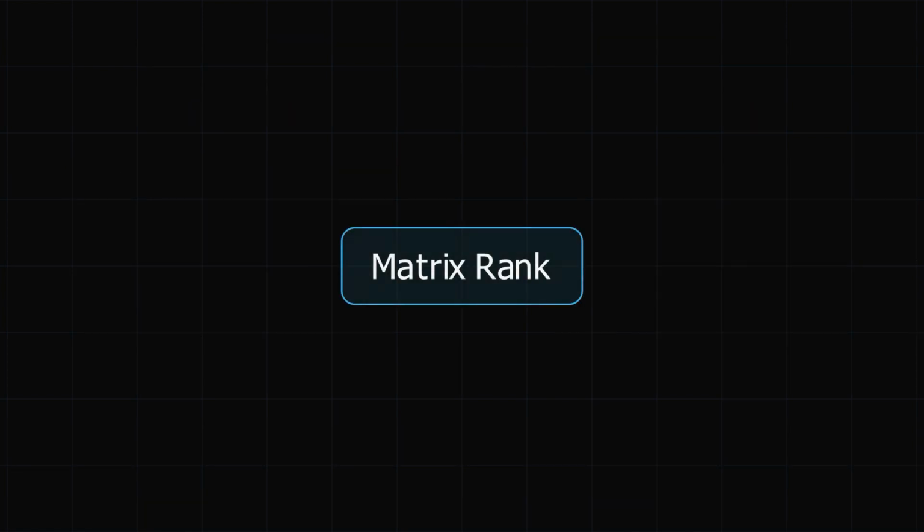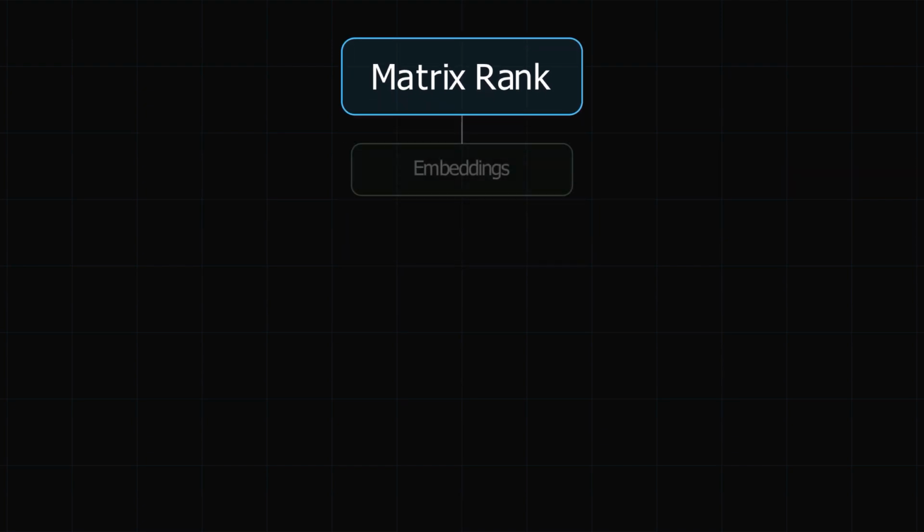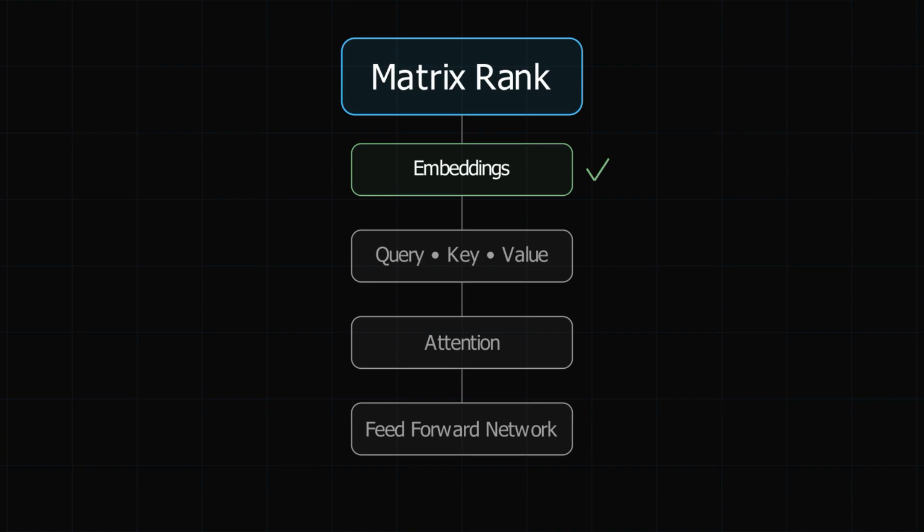We've seen that matrix rank tells us how much independent information a matrix can represent. We discovered why this matters for embeddings and why preserving independent information leads to richer representations. But embeddings are only the beginning. Every transformer is built from matrices: the query matrix, the key matrix, the value matrix, the feed forward network.